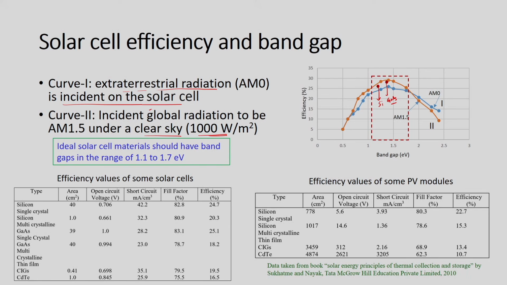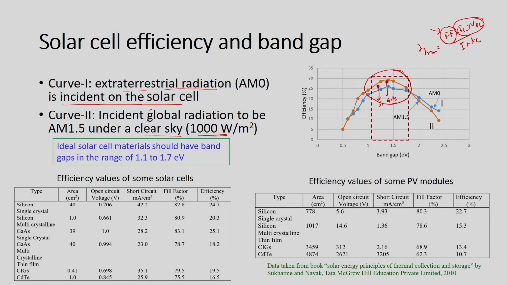As we understand, this eta max is related to the fill factor, then I_SC, then V_OC, then we have here the incident power times I_SC. This will be more for high values of band gap and less for low values of band gap. In this range, solar cell efficiency is found to be high.